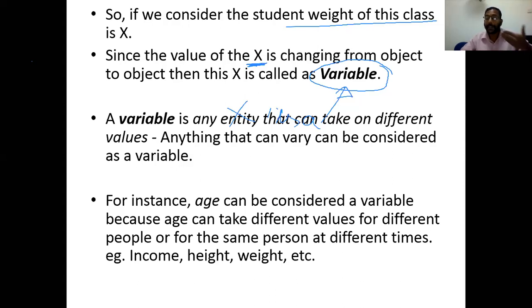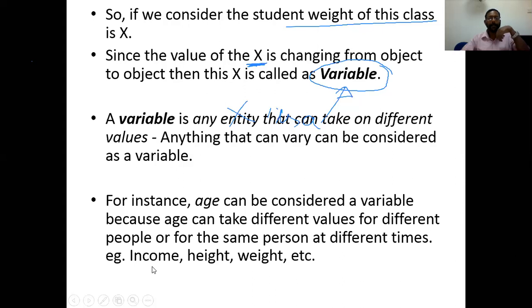So age is a variable. It can take a different value for different people, or even for the same person, age changes with time. Maybe this year you are 23 or 24. Next year your age is different from now, one year more.